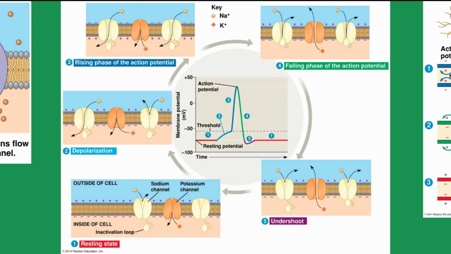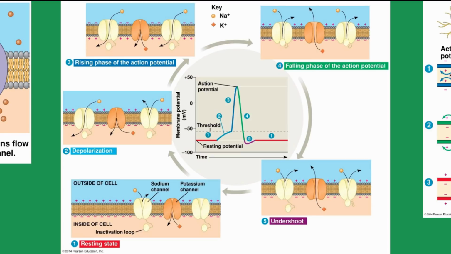The action potential is begun through the opening of sodium channels, and this allows sodium to come rushing into the cell. Remember, sodium is high outside, so it's going to move down the gradient through these open channels, and that causes our rapid depolarization of the neuron.